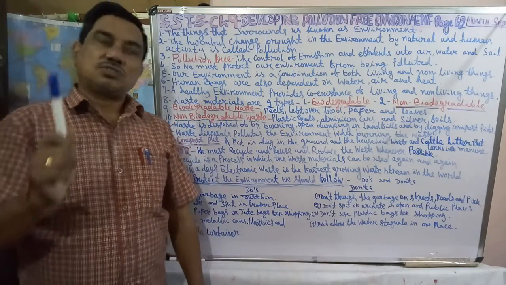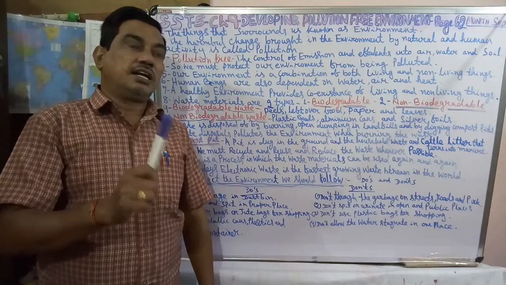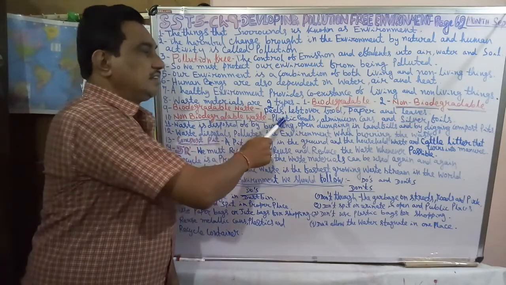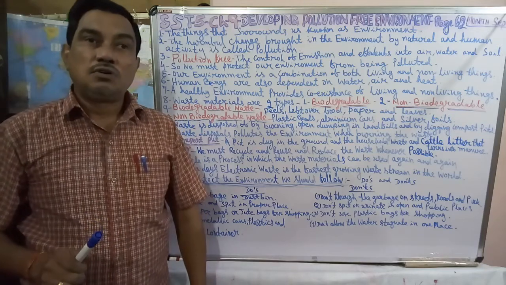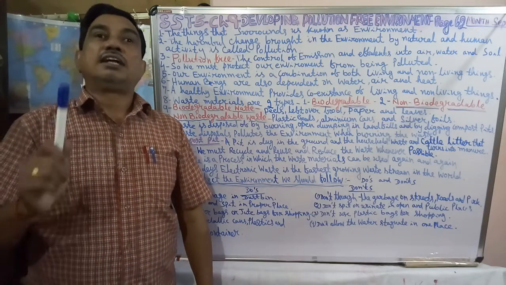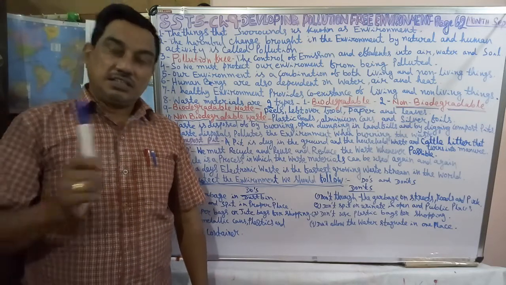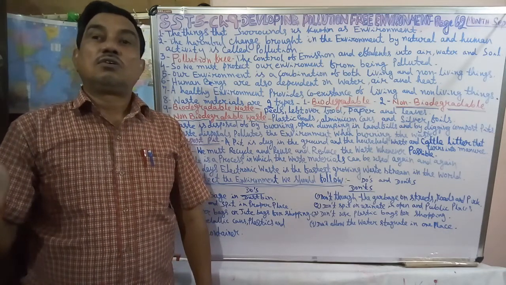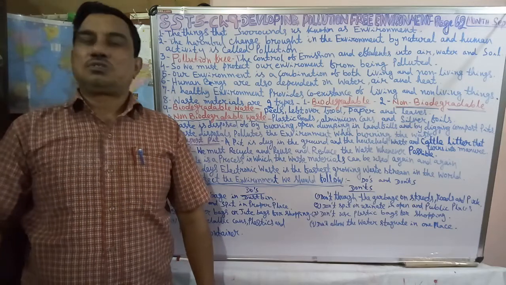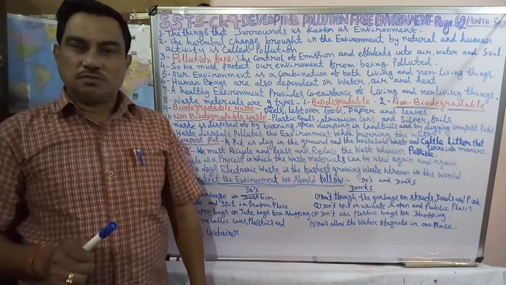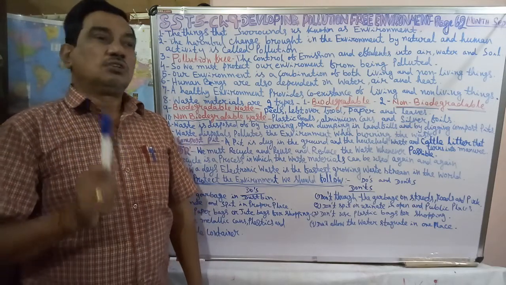The non-biodegradable wastes are plastic goods, aluminum cans and silver foils. These are non-biodegradable waste which do not decompose in the soil, water or air. Where do we dispose the waste?